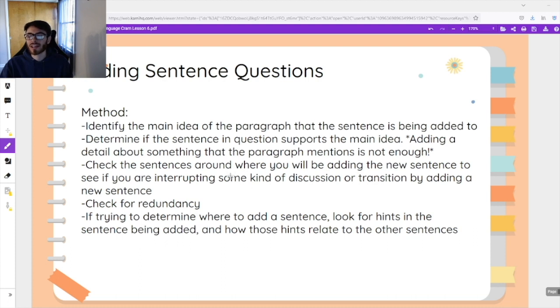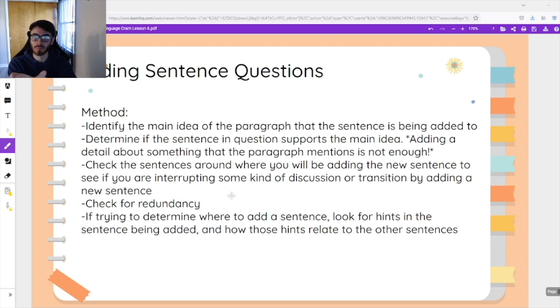You also want to check the sentences around where you will be adding a new sentence. If there's some type of discussion or transition or relationship that you're going to be interrupting, you probably don't want to add a sentence there, right? If one sentence says the ocean's wet, and the following sentence says, for example, if you jump in the ocean, you will have water on you, you don't want to interrupt those, right?